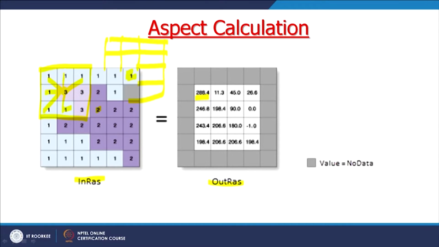That is why on the edges it cannot perform calculations, and hence a no-data value is assigned. This is just a schematic; you are not handling such a small matrix or raster, you handle rasters which are quite big.